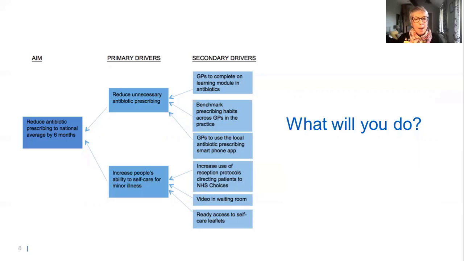We need to think about unnecessary antibiotic prescribing, so working with clinical teams and having a program around that. But we also want to work with our populations and our communities, helping them to be able to self-care for minor illnesses. And you can see then that there are a number of secondary drivers, and there'll be a range of interventions that might need to be undertaken to push on the primary drivers to build us towards the overall goal.